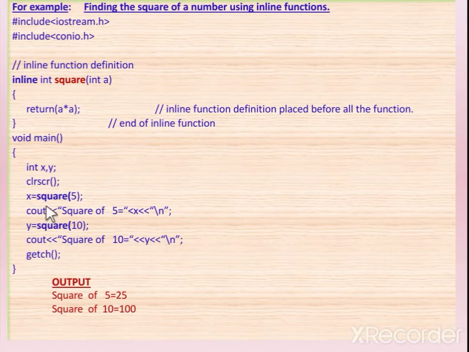So x equal to square, y equal to square. Inside the main function, I am going to declare two integer variables, x and y, that will receive the square of any given argument value. x will receive one return value and y also.